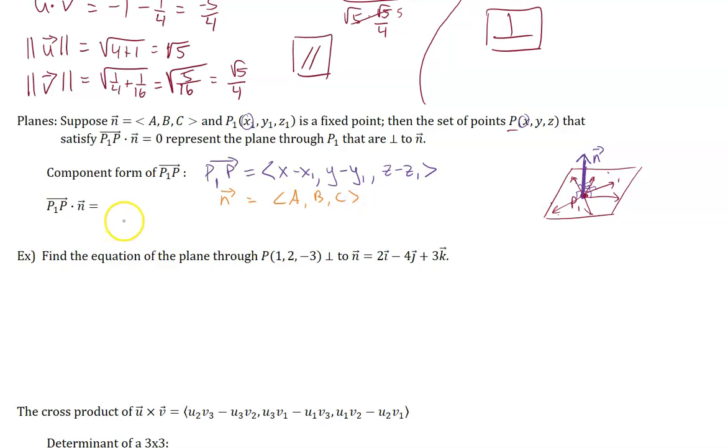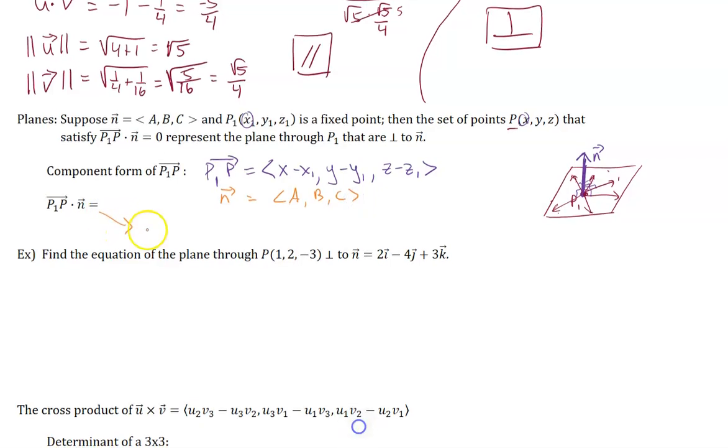The dot product of those two is A times the quantity x minus x1 plus B times the quantity y minus y1 plus C times the quantity z minus z1. And because we are defining this as the plane that is perpendicular or orthogonal to vector n, then this dot product has to be equal to 0.